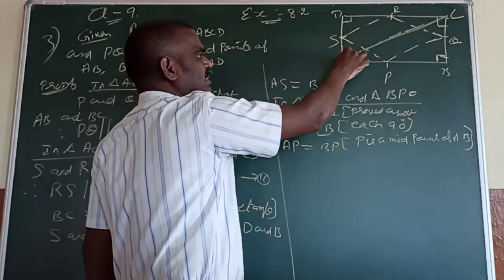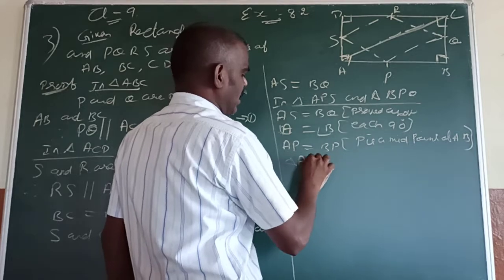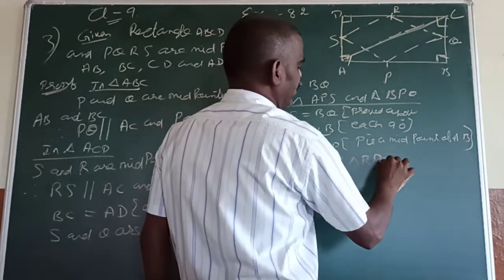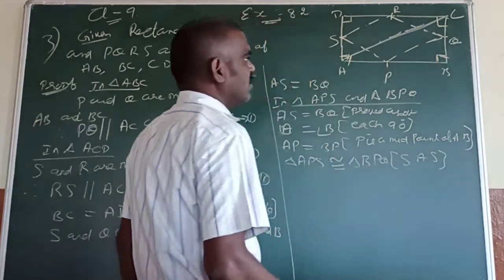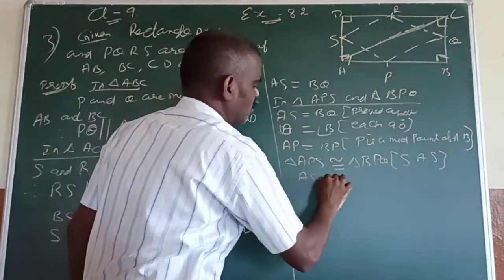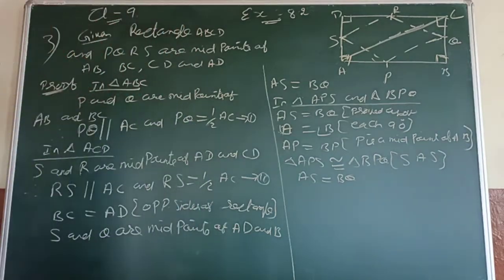So by side-angle-side congruence, triangle APS is congruent to triangle BPQ. If so, AS and BQ will be equal.